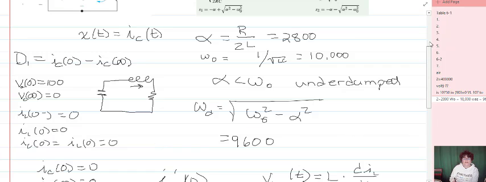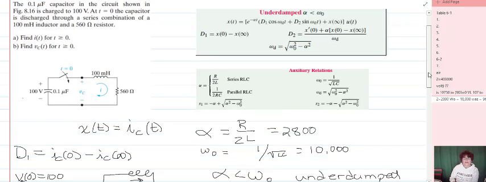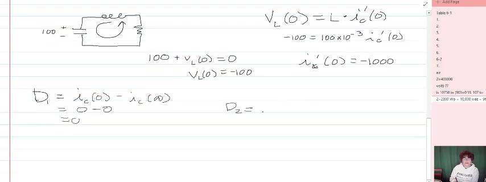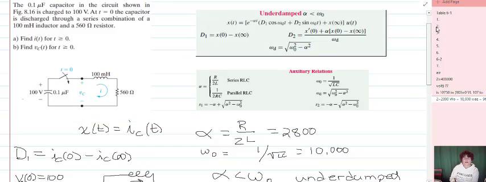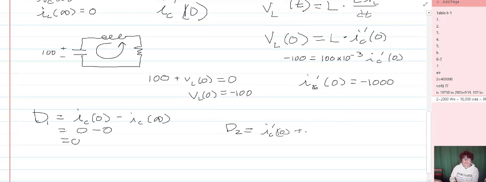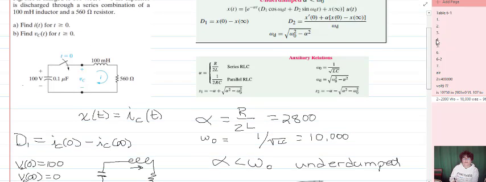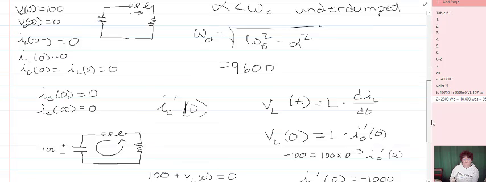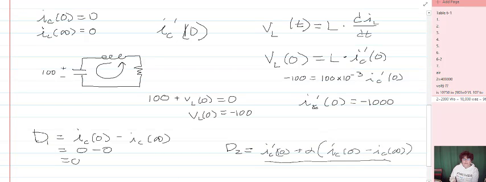D2 is X prime of 0, IC prime of 0, plus alpha times IC of 0 minus IC at infinity, over omega d.